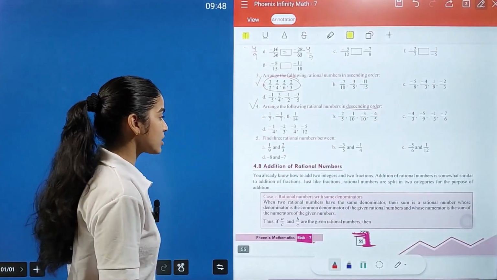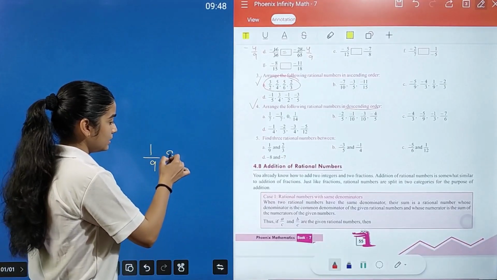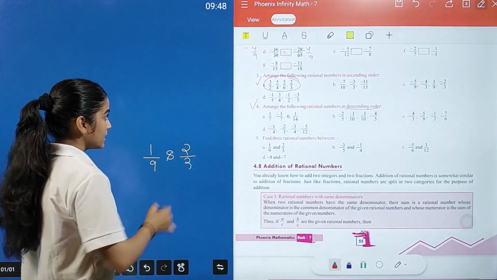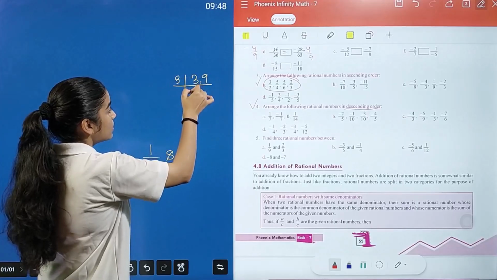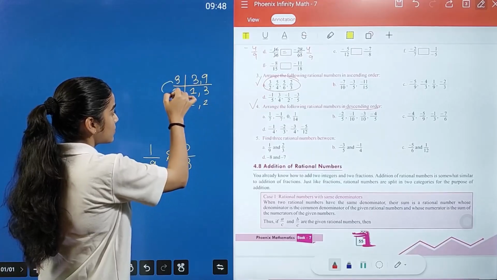Now find 3 rational numbers between 1 by 9 and 2 by 3. First of all, we have to take the LCM of 3 and 9. 3 threes are 9.